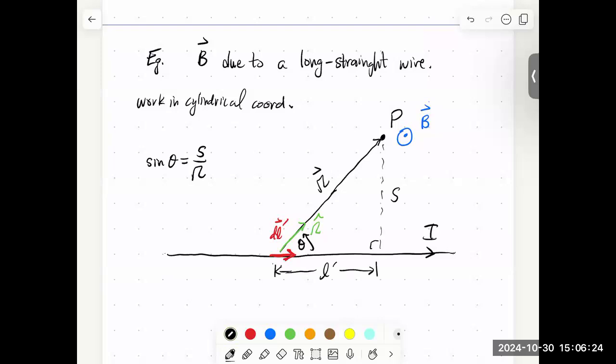So that means script R is S squared plus L prime squared all square rooted. So this is the square root of S squared plus L prime squared.